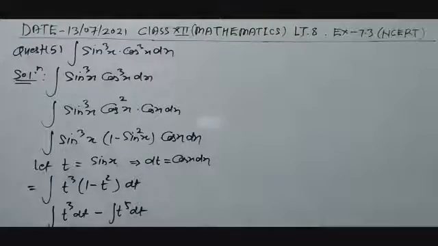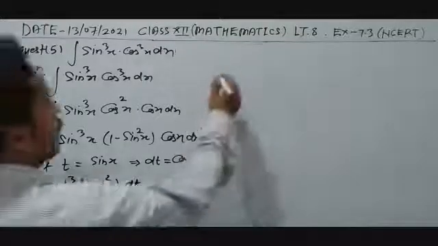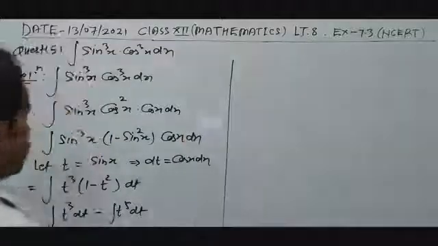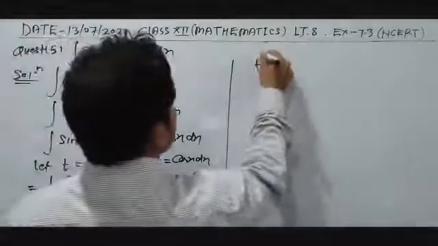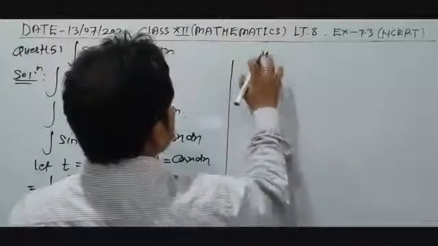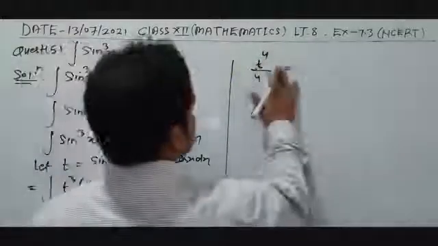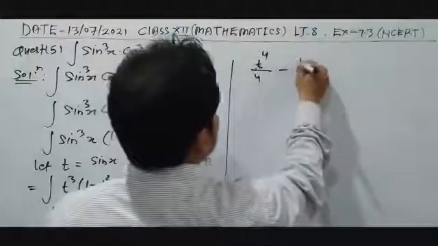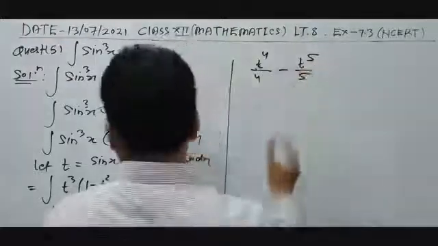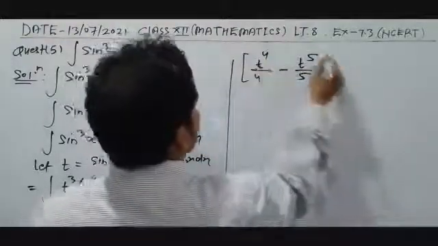easily. T cube integration is, you know, t to the power 4 by 4 minus t to the power 5 by 5, and now plus c.